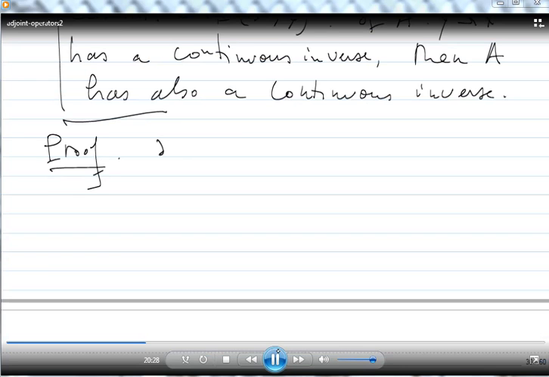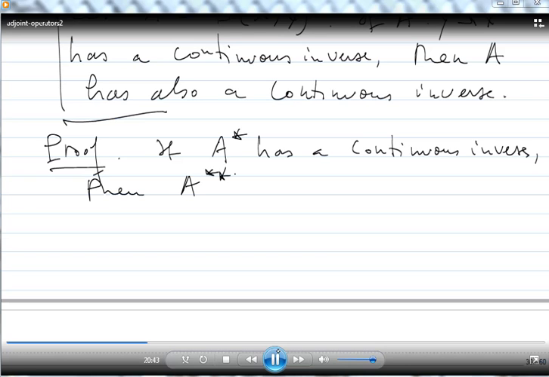If A star has a continuous inverse, then A double star, the conjugate of the conjugate, has a continuous inverse.